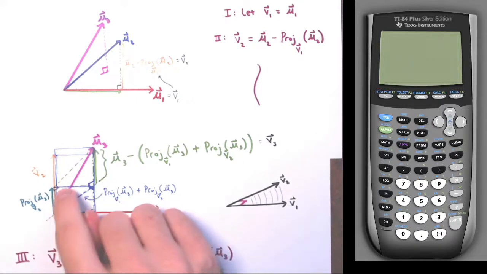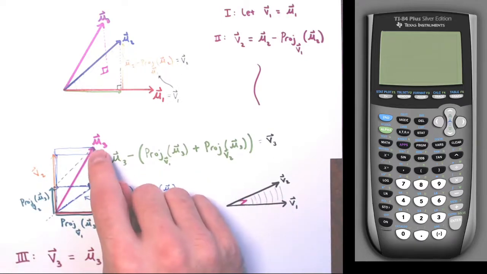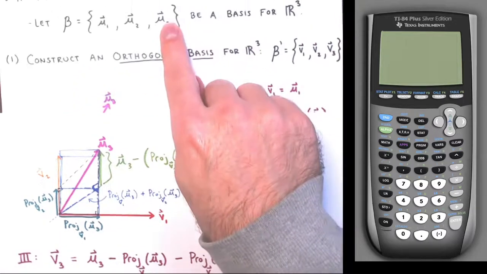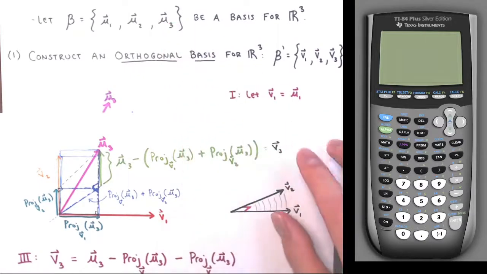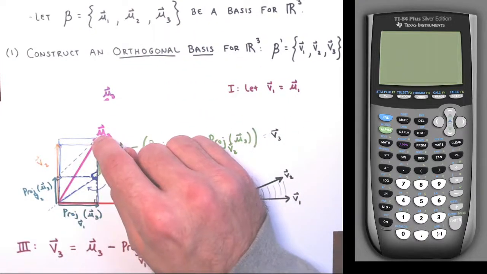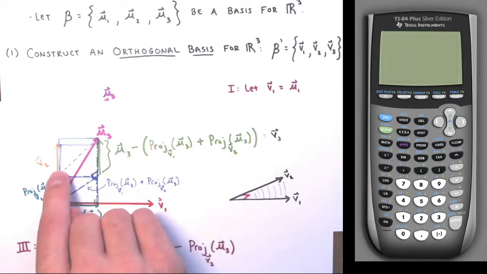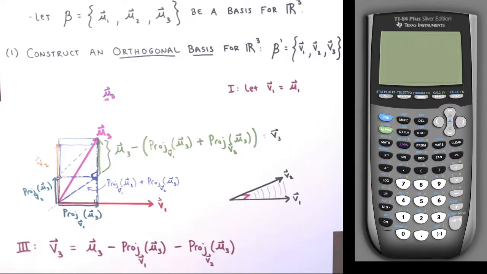All right, so here's how this works. Again, my drawing here is kind of crap. I'm going to try to redraw something over here. I take the third basis vector, u3 from my original basis. I'm going to project it onto v1 and project it onto v2. All right, so we get something like this. I'll draw this maybe hopefully a little better over here.